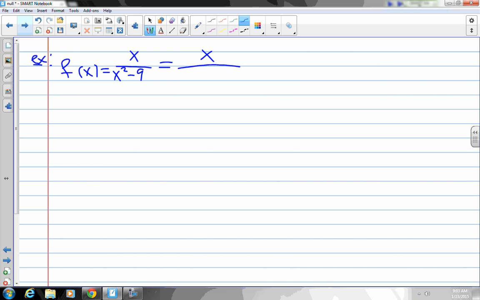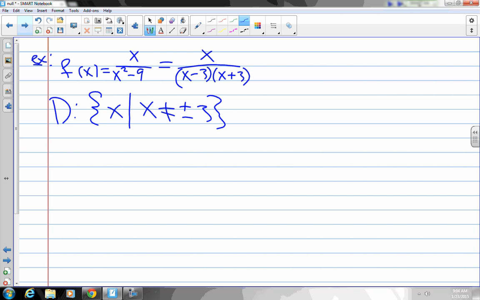So a good thing is always to factor these things, right? x minus 3, x plus 3. So then it's obvious x cannot equal positive 3, x cannot equal negative 3. So the domain here will be all x's such that x cannot equal plus or minus 3, using the set notation.